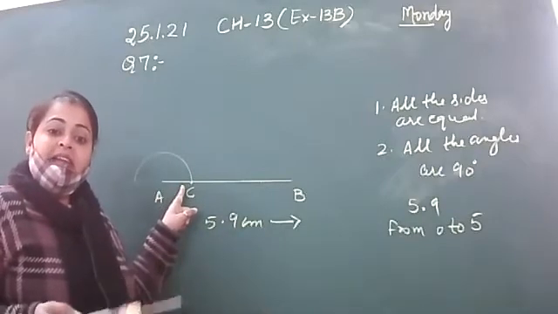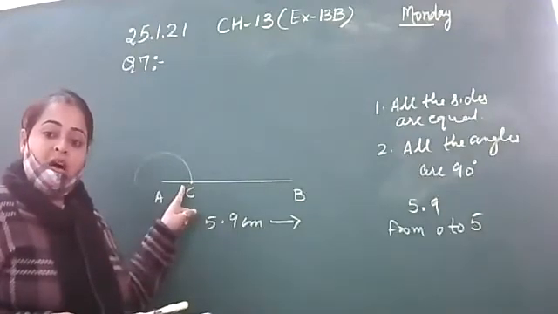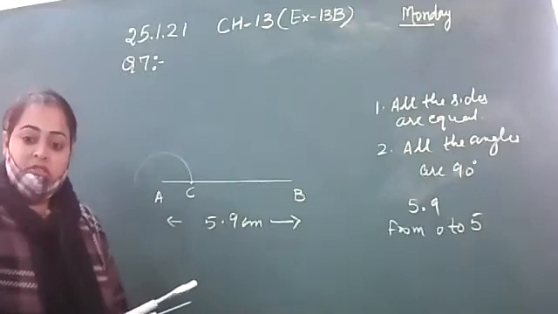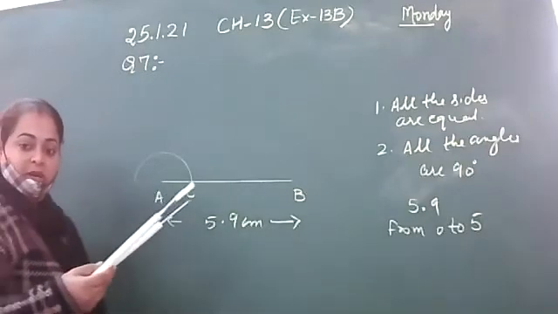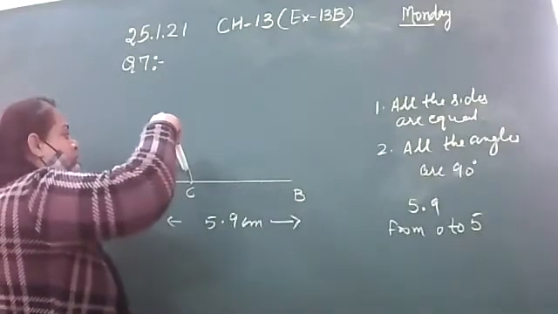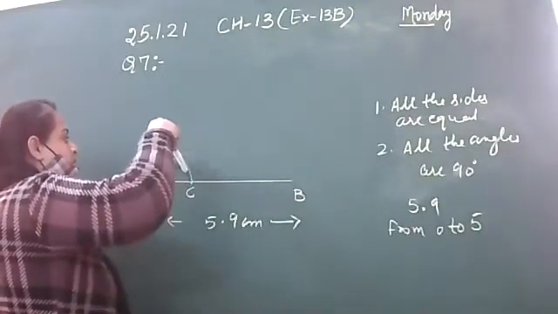Now, what is the next step? Where do we put our compass now? Yes, students, write down in the chat box. Very good, Sia, 5th B, Rayman also. We put our compass at C and draw one arc.